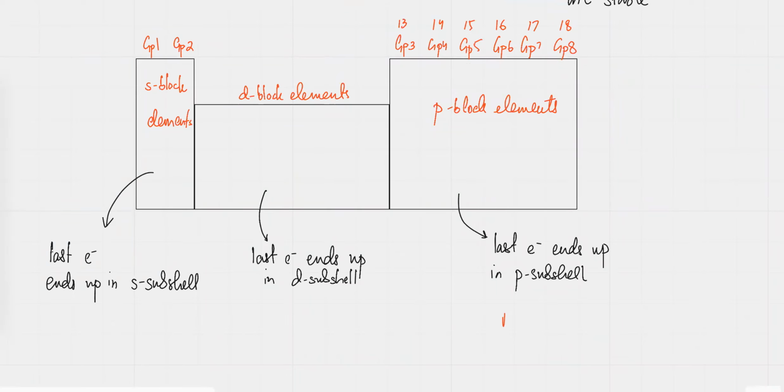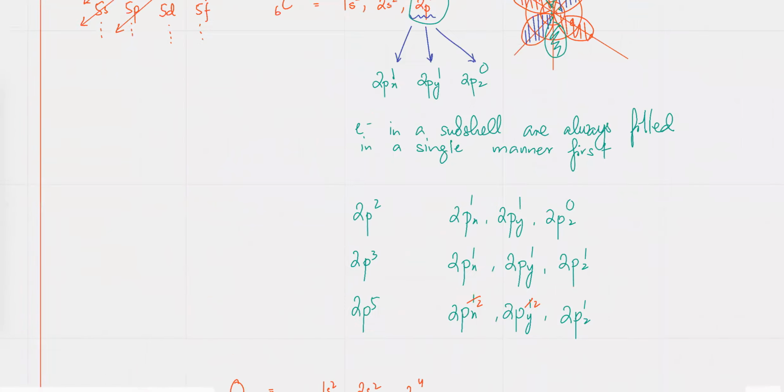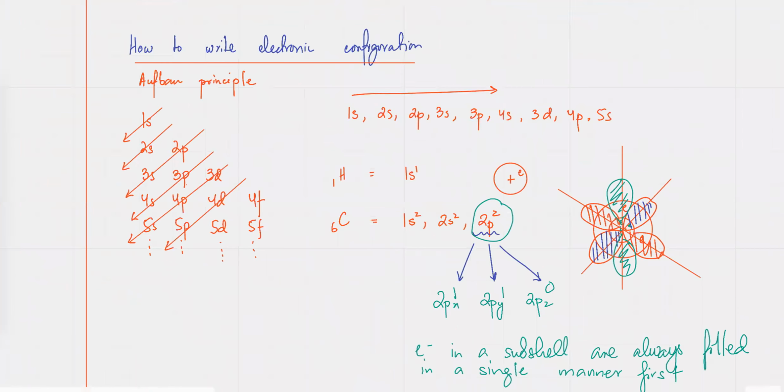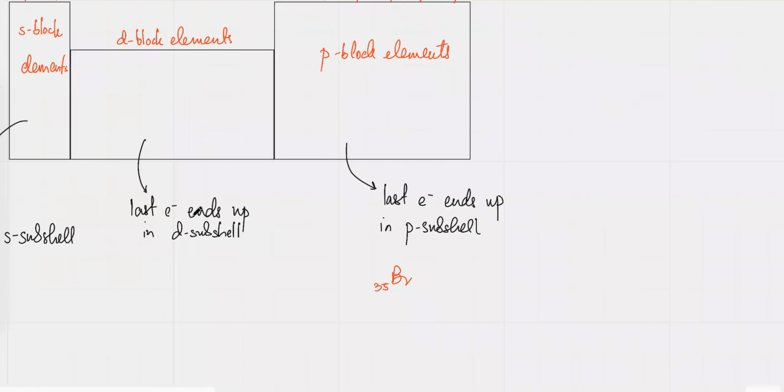For example, you've got bromine, which is 35. If you try and write the electronic configuration using the Aufbau principle, following this order, it's going to be 1s2, 2s2, 2p6, 3s2, 3p6, 4s2, 3d10, and finally 4p5. So that's 35 electrons.